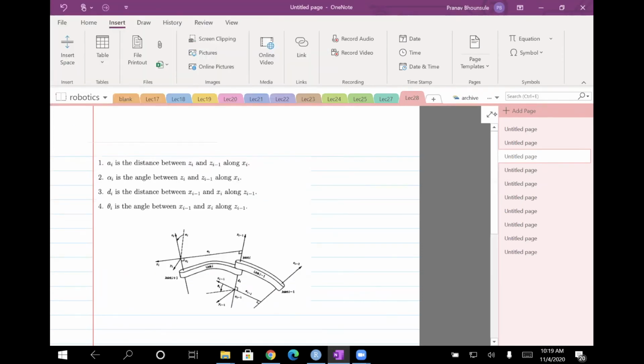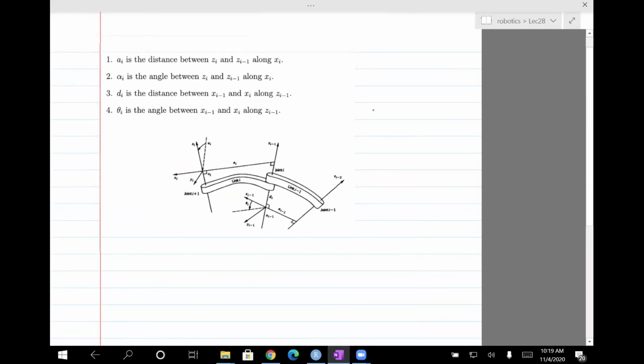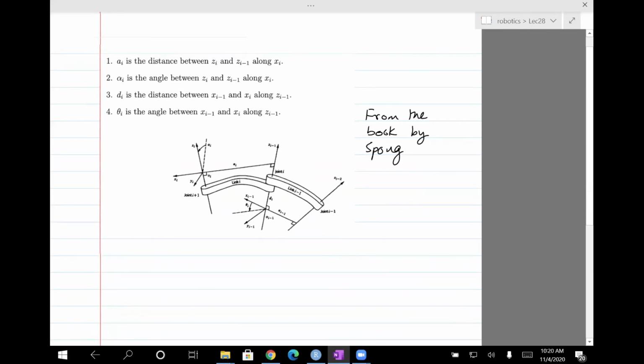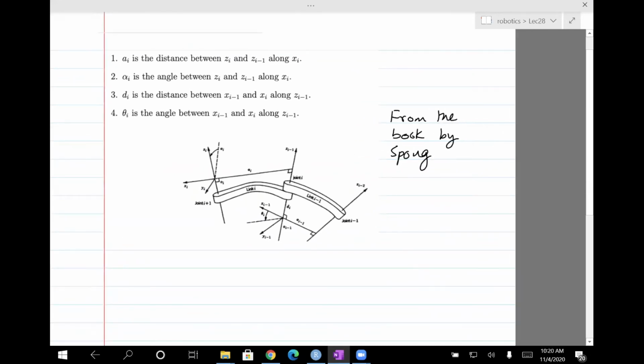Okay, so this is taken from the book by Spong. Okay, it's one of the reference books. You do not need to actually go and buy it. So this is showing two adjacent links, link i and link i minus 1. So remember that this is the earlier link, this is the later link. So joint 0 or the ground link is somewhere here, right?